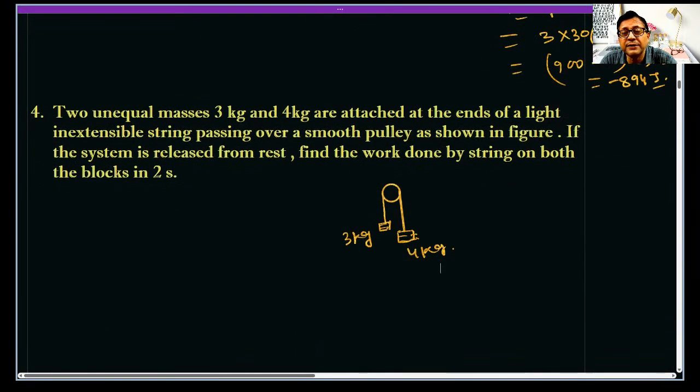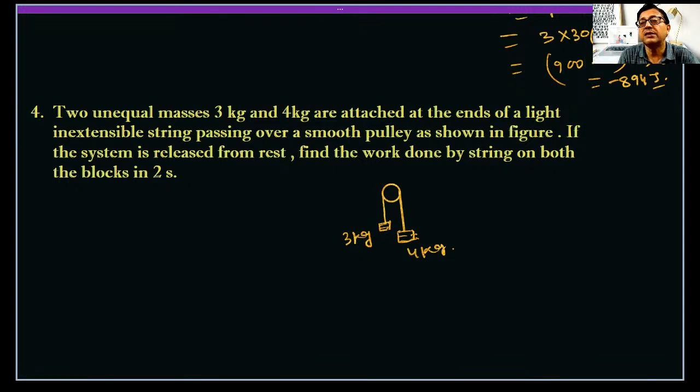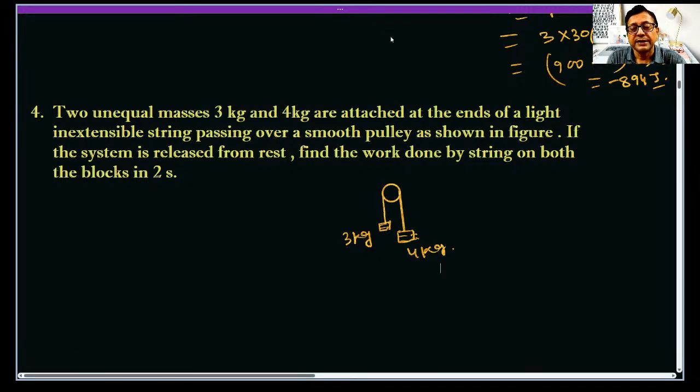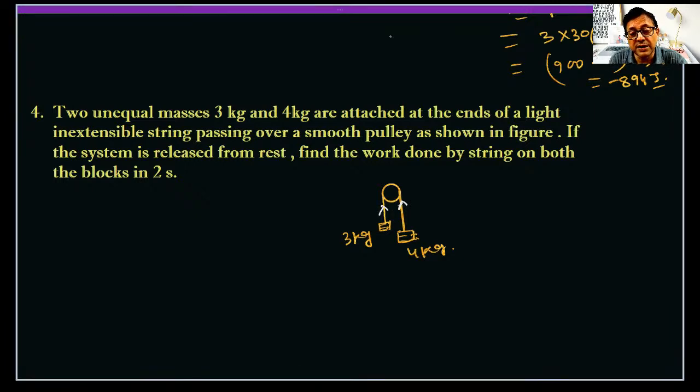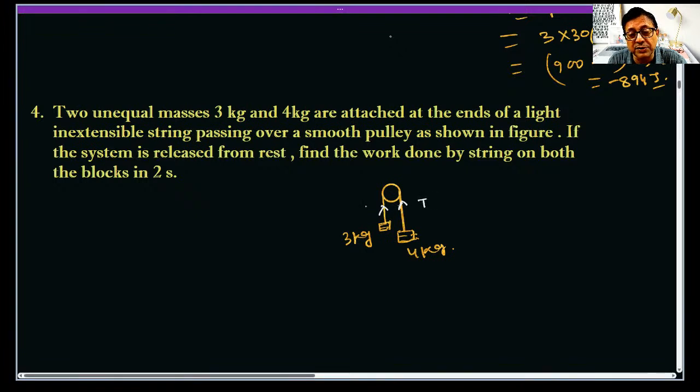Now see the question again. There is a tension on the right side, there is tension on the left side also, isn't it? Are they the same? Answer is yes. Tension will have the same value, equal to T.